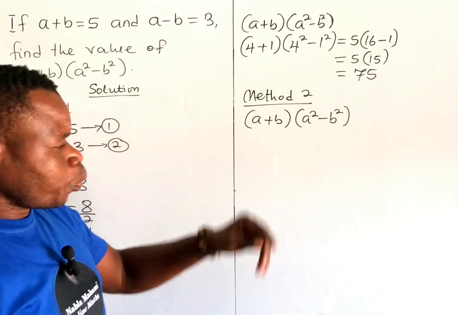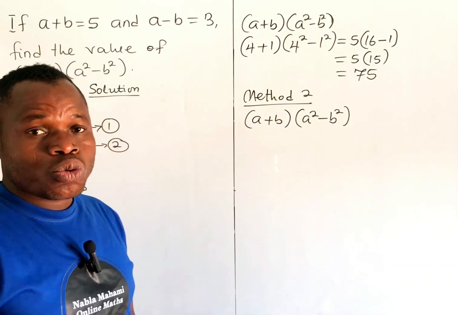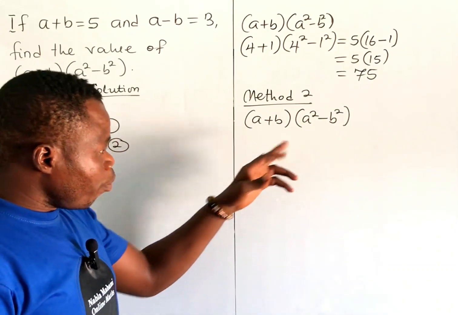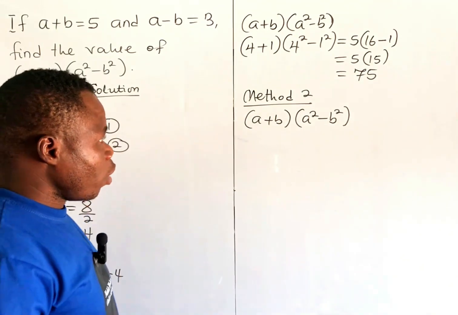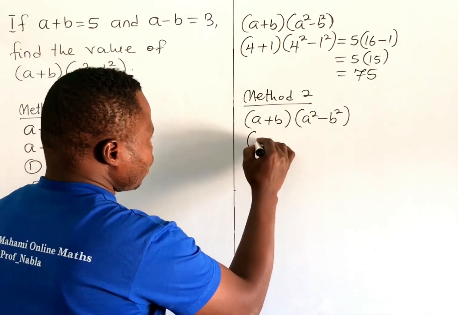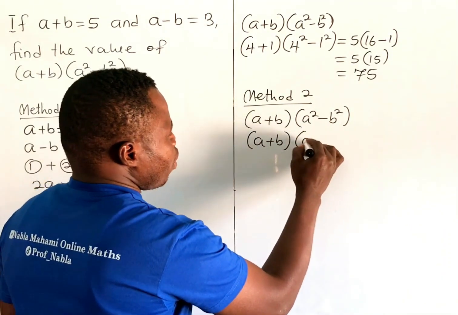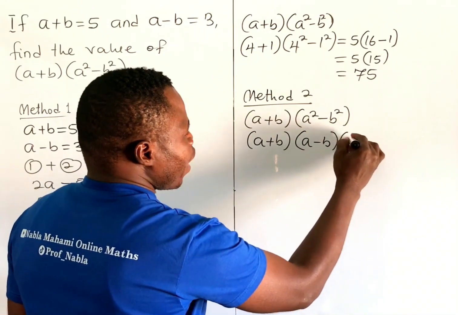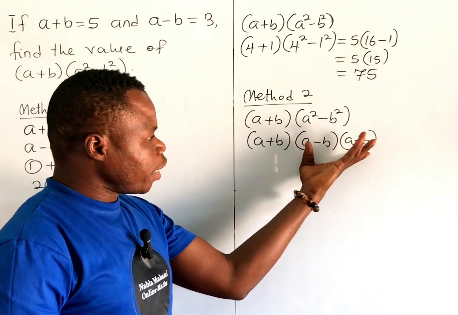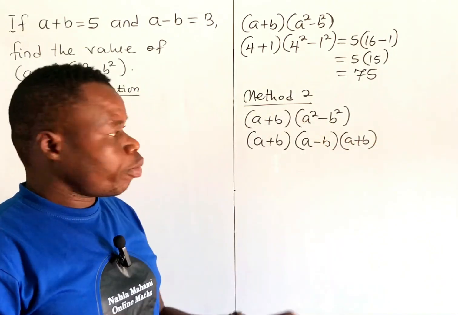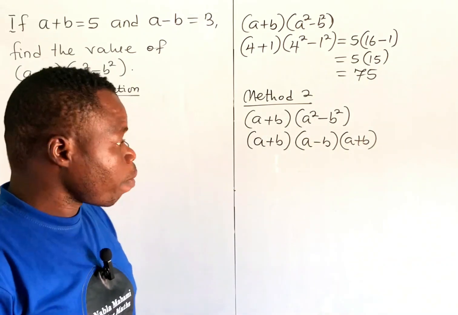To use method 2, you have to use the difference of two squares approach, because this particular expression can be written in the form of difference of two squares. That means this is the same thing as writing A plus B multiplying A minus B multiplying A plus B. If you expand this, you will go back to this form.